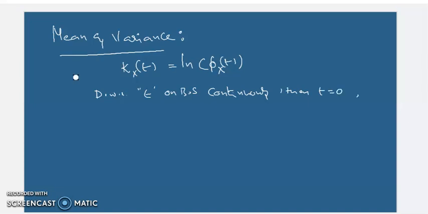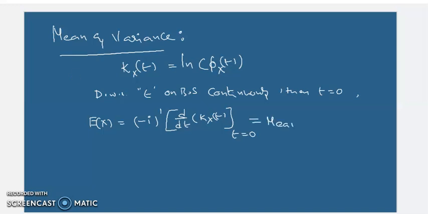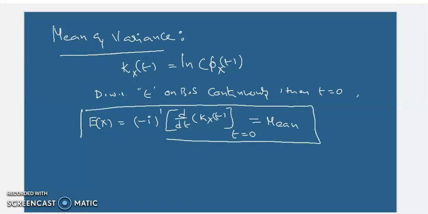We have E of X, the expected value of X, can be written as (-i)^1 into d by dt of K_X(t) at t equal to 0. This is the mean formula by using the cumulant generating function.